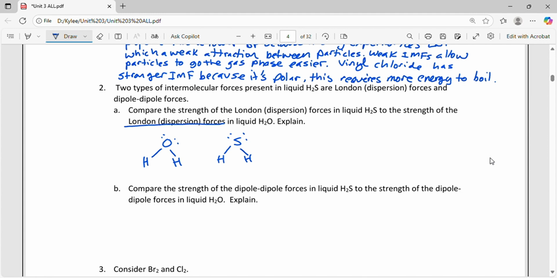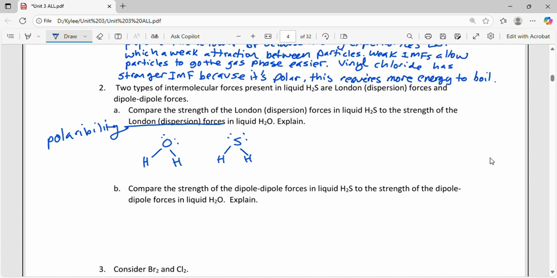When we talk about LDFs, the term we want to use is polarizability. And there were two things about polarizability that affected the strength of the LDFs. One was the shape. Well, both of these have the same shape, so shape isn't going to help us. The other was the number of electrons.